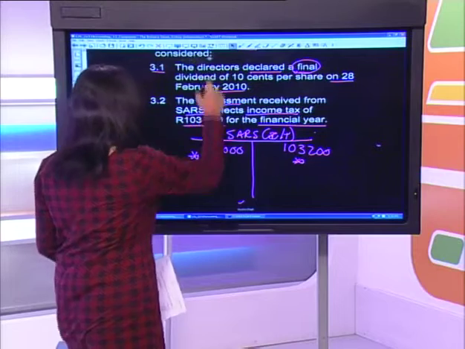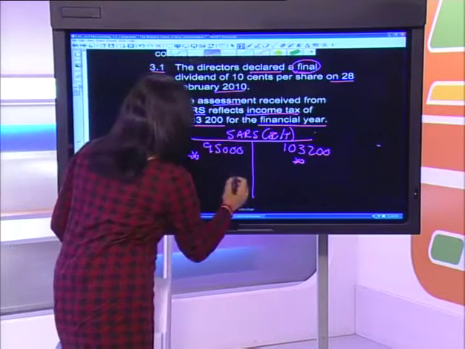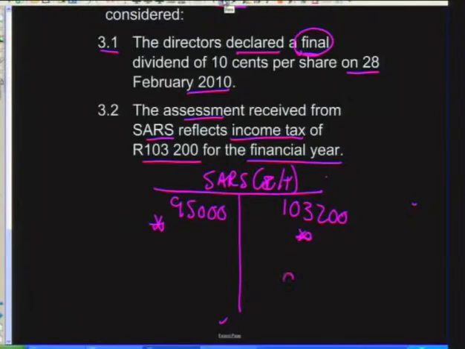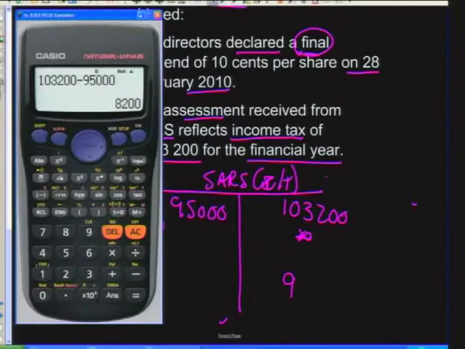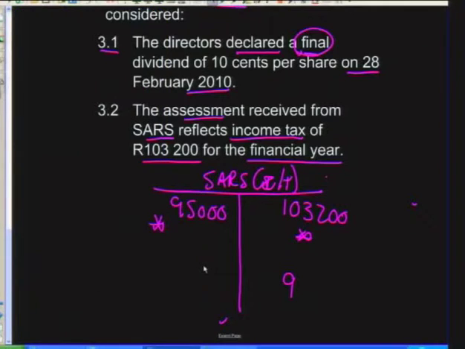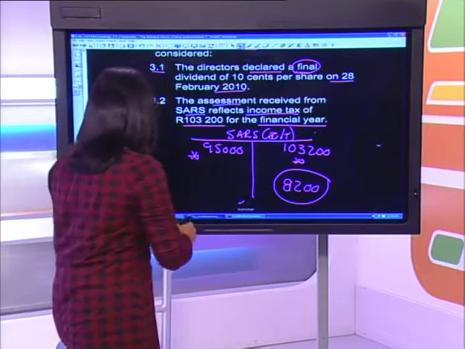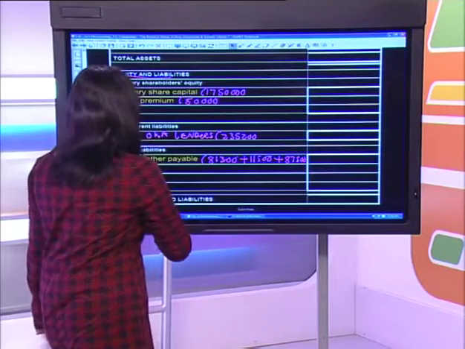So let's take that through to our balance sheet. I'm just going to write down the total. We're still owing the receiver an amount of, just see what the amount was. It was 8,200. And remember, it is a credit balance. Okay, so let's take that through to our balance sheet.